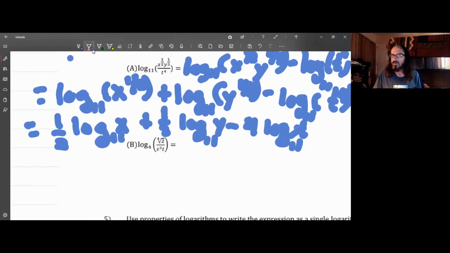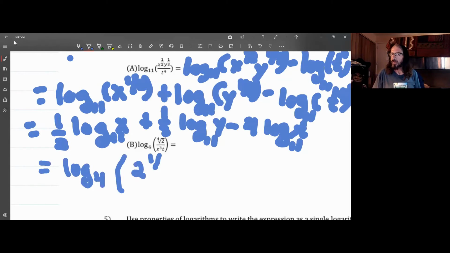So on this next one, we have to be a little more careful even still. Think about the fact that this is like we're reversing the order of operations. First off, things with radicals, we're going to want to rewrite 4th root of 2 as 2 to the 1/4. And then that's all over the s cubed t.